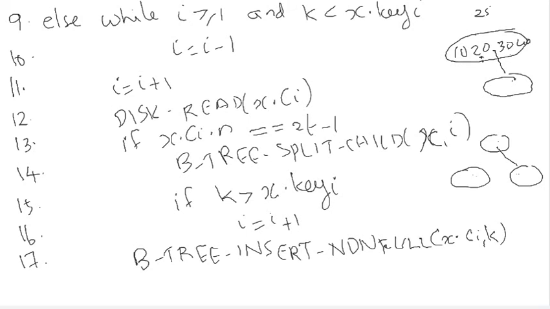So we'll find out a position, and we know that that is here because W is greater than Q. So it will read this node from the disk, and when we check this, it is a full node. So we need to split this. Okay. So how can we split this?